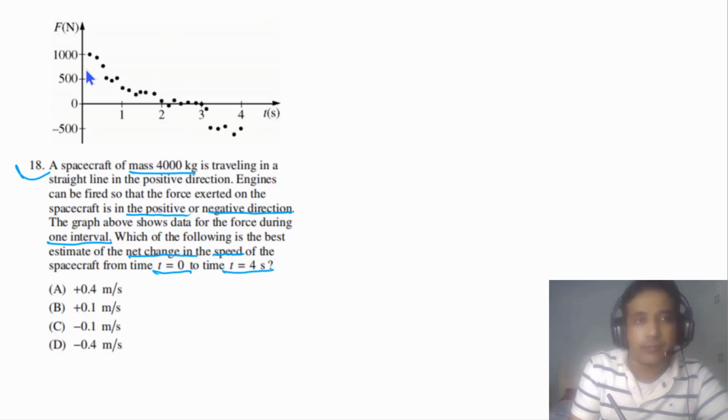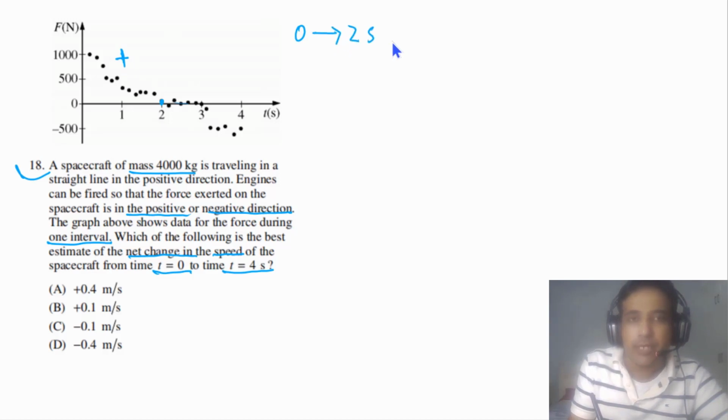If you look at the graph, in this case we can see the force is positive until 2 seconds, then there is no force, and then force is negative. From 0 to 2 seconds we have force that is positive, so we can say this is in upward direction, and between 2 to 3 seconds F is equal to 0, there is no force, and between 3 to 4 seconds there is force on the spacecraft, but direction of this force is negative, meaning this force is downwards.